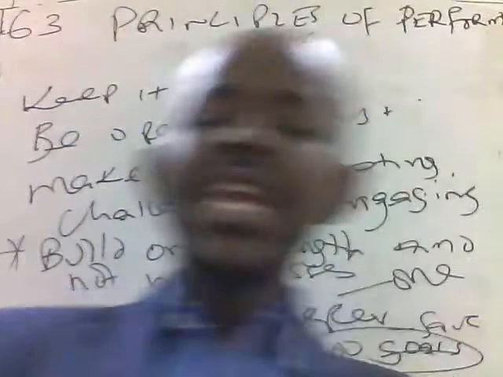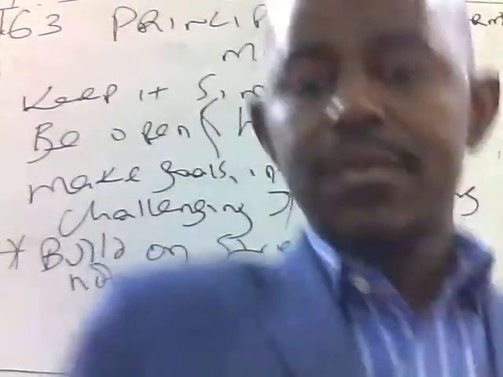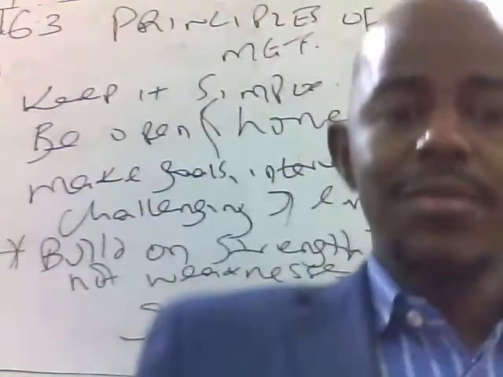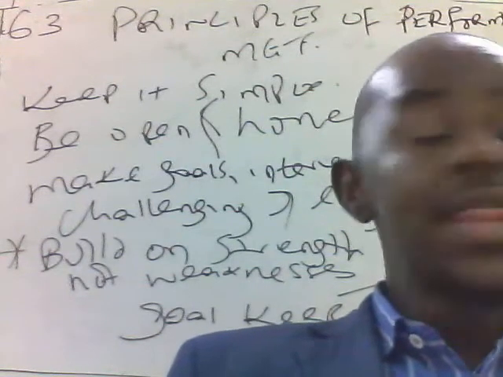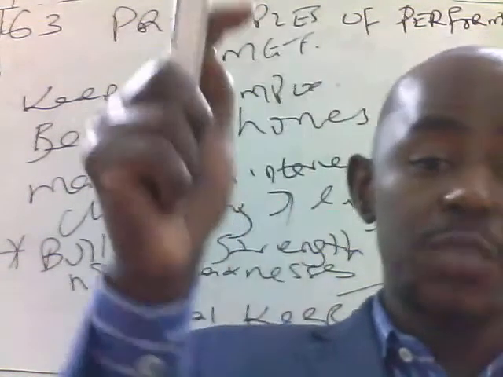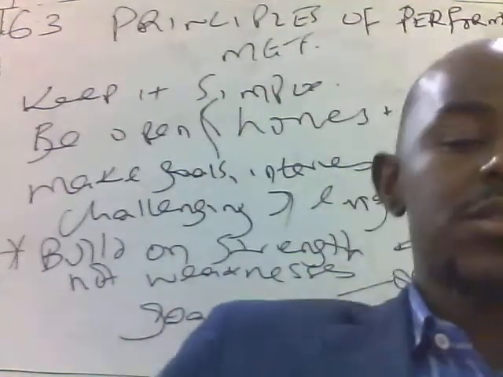Appreciate that person. For heaven's sake, he has achieved. He has a strength. So we are saying, build on strength, but don't dwell on weaknesses. That is a very key principle. That is a very good principle of performance management.